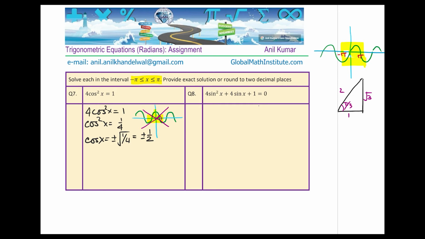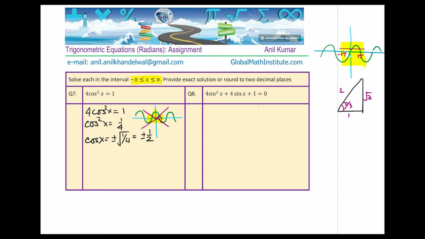Perfect. So we have to go plus minus pi by 3 will give you these two solutions, and then we're looking into, so when we say plus or minus half, as you can see here, I could draw a line. No, that is a sine wave, sorry. In this case, if I draw a line, I do get four solutions within this interval.